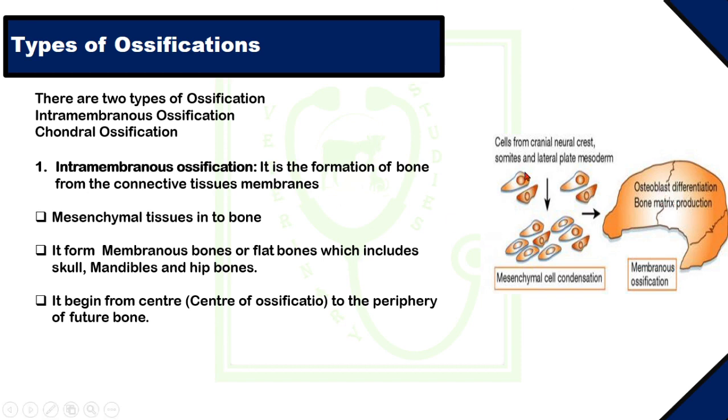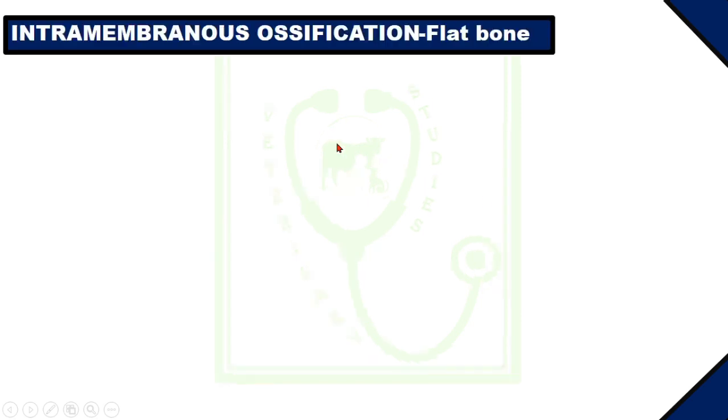If we see in the picture, cells from the cranial neural crest, somites, and mesodermal layer of an embryo differentiate into mesenchymal cells. These mesenchymal cells condense to form flat bone by intramembranous ossification. Now, how are bones developed by intramembranous ossification?